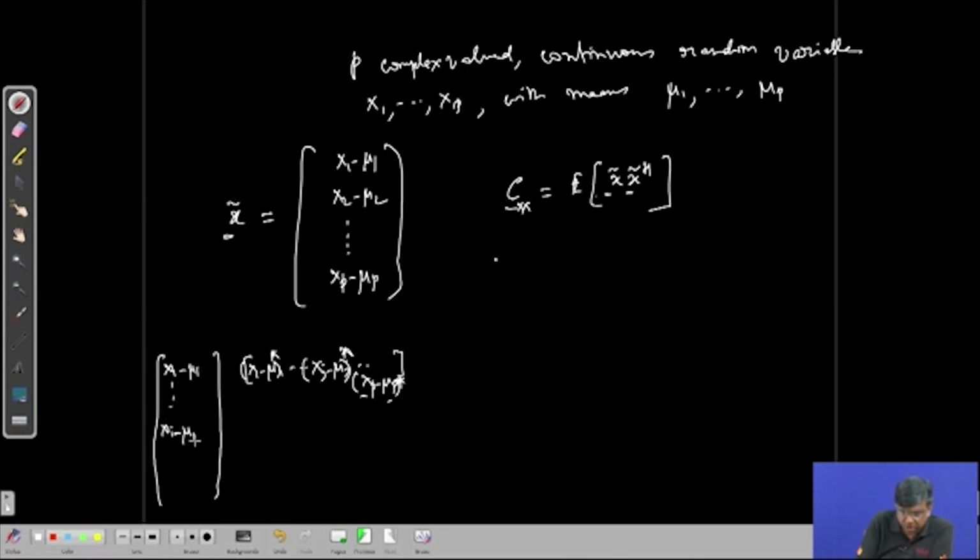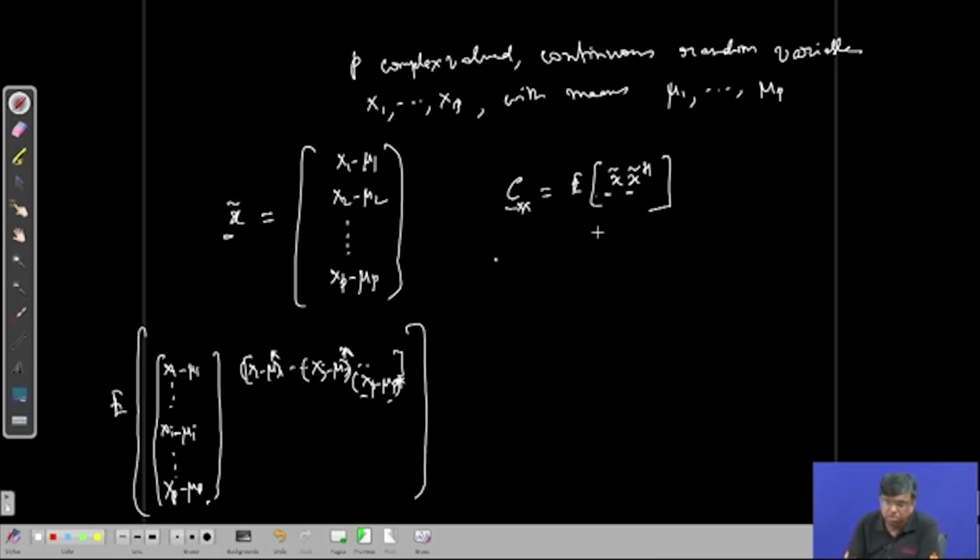xi minus mu i, all right, and then expected value. This is the meaning of this. So this column vector times row vector is a matrix, and then you have to apply E on everybody. If xi and xj are present, the ith row, jth column element of this matrix will be what?